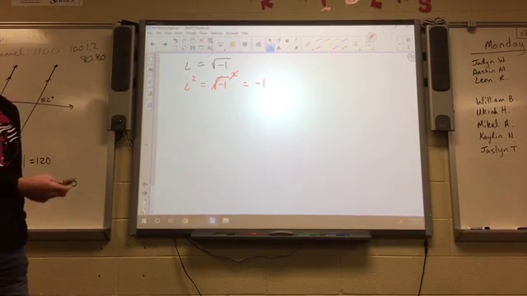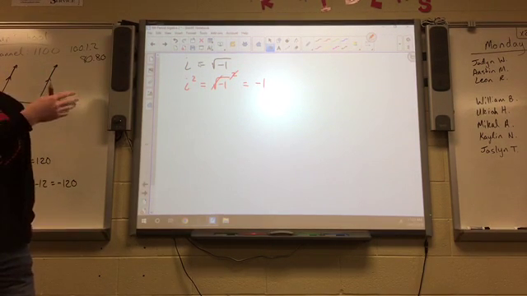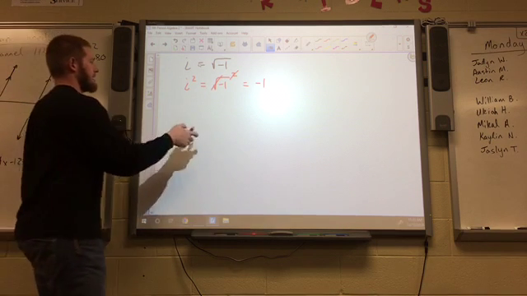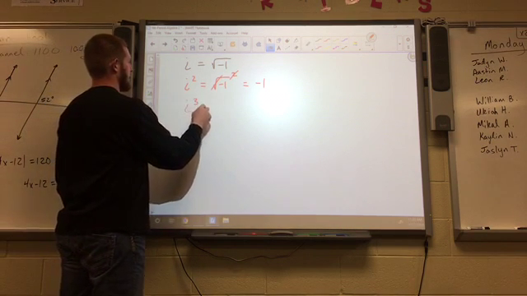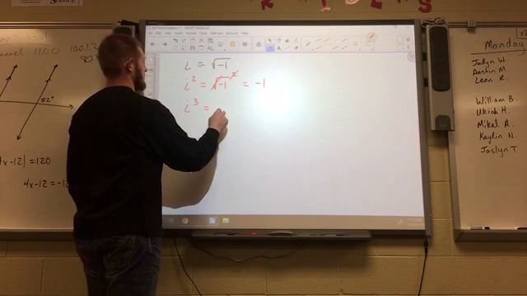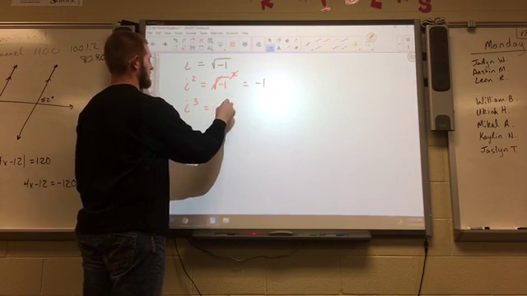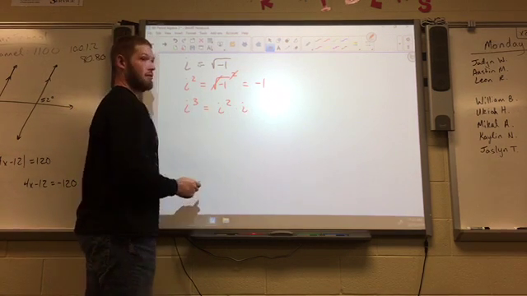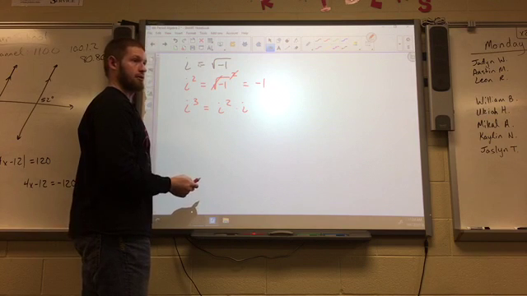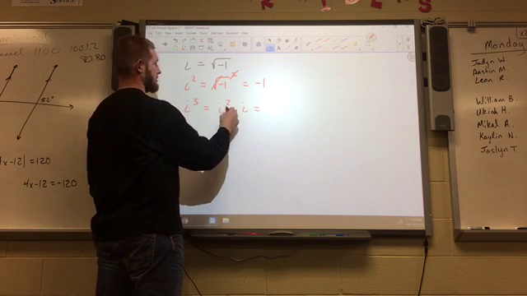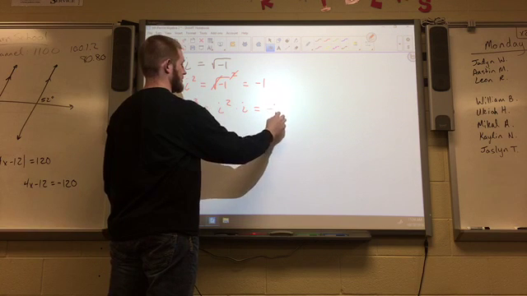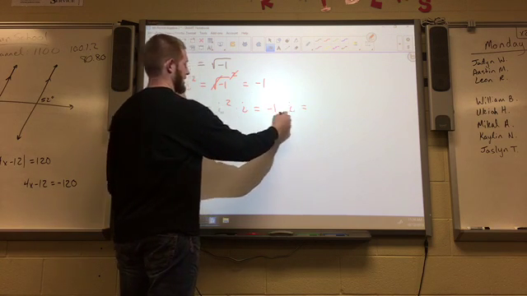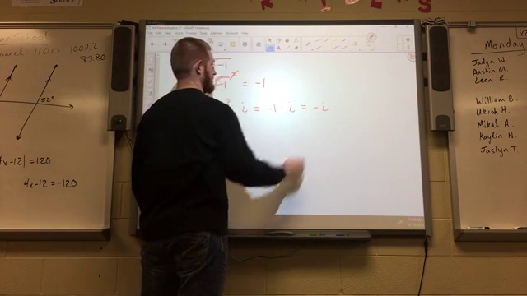Now, we could keep going with this. These are the main two that you need to know for sure. But if I had to keep going, I could do i cubed, which would be i squared times i. We know that i squared is -1, so -1 times i would be -i.